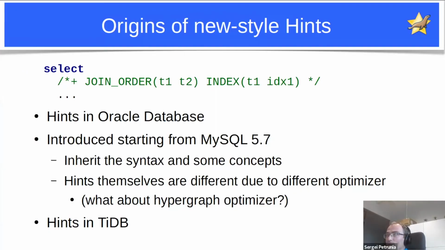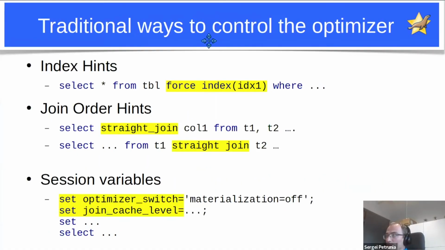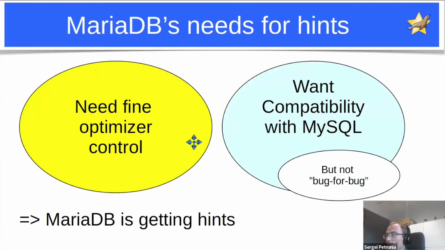So in MariaDB, we had this traditional way, which was quite limited, and then what was the need for hints? I think there were two roughly equal parts to it. One of them is that indeed we needed finer optimizer control beyond old style hints, and there was also a request to be compatible with MySQL.